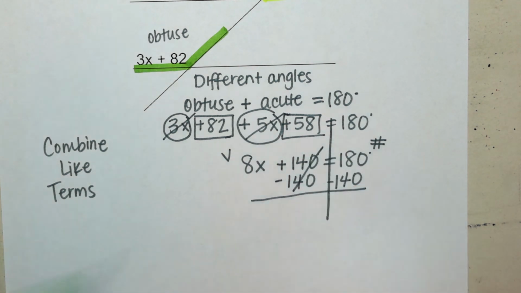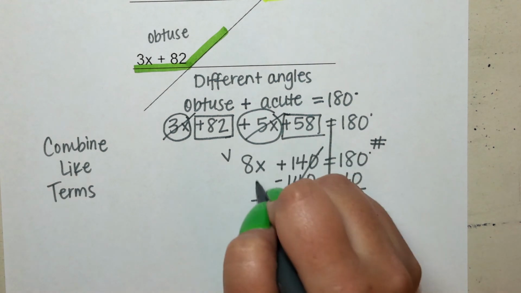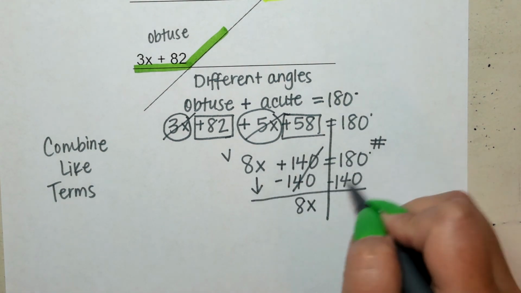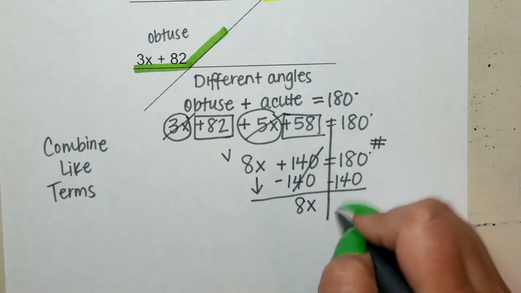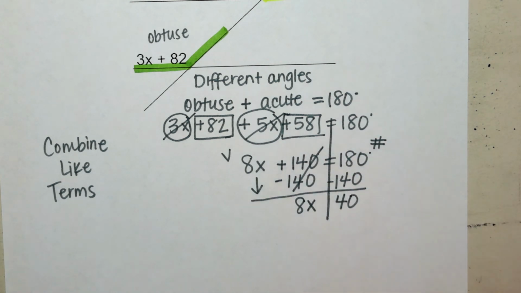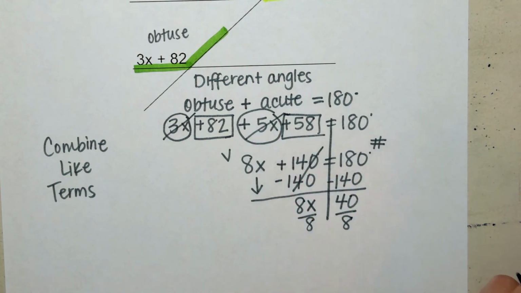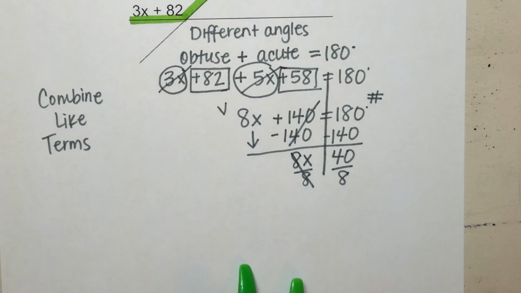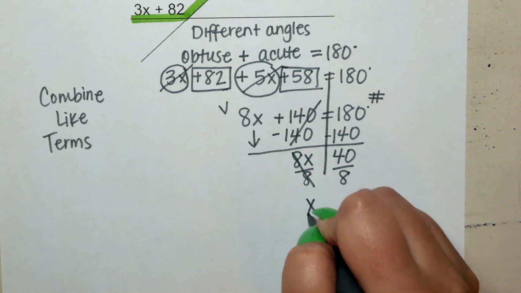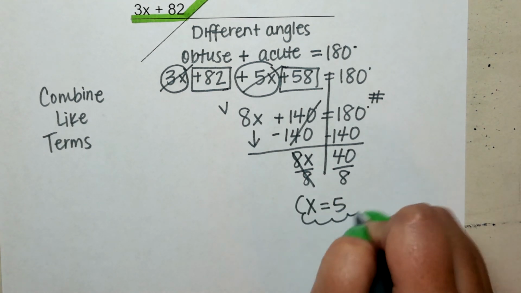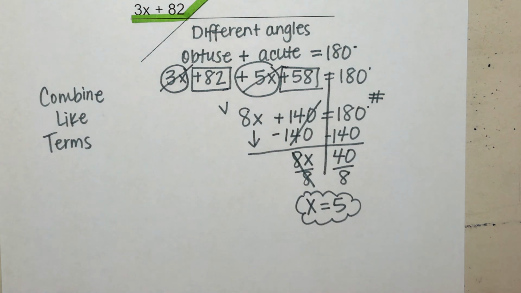My 140s will cancel. I can bring down the 8x. 180 minus 140 is 40. And then I'm going to divide by 8 on both sides. I can cross off my 8s because that will equal 1. And I'm left with x equals 40 divided by 8, which is 5. So x equals 5 for this problem.